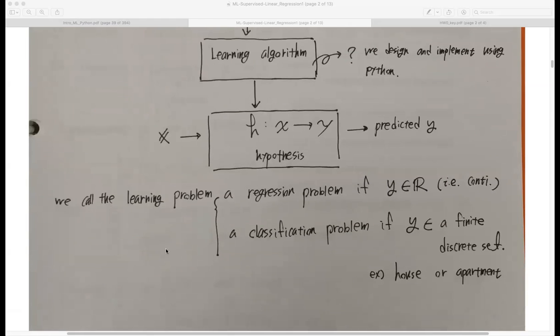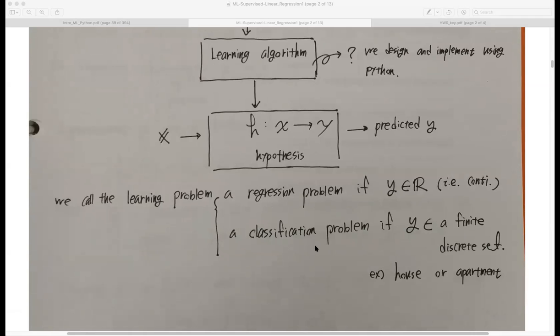We call the learning problem a regression problem if y is a real number. It is a classification problem if y is a finite discrete set. I'm going to talk about classification problems later. A classification problem only returns finite discrete values, normally just integers, like 0 or 1 or 2.